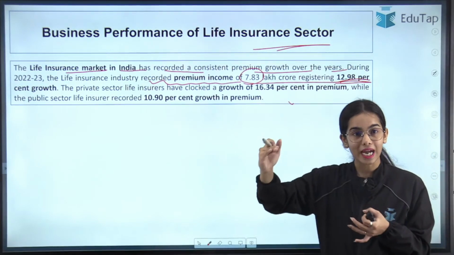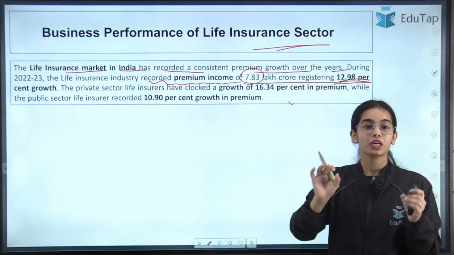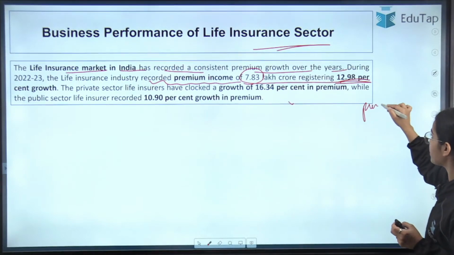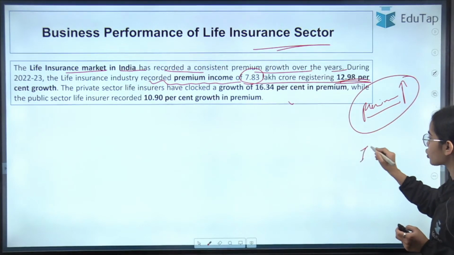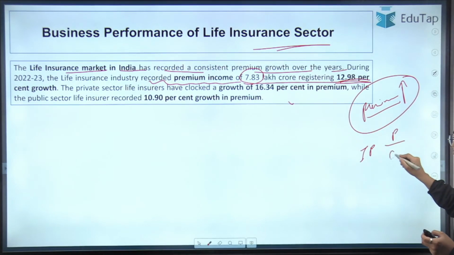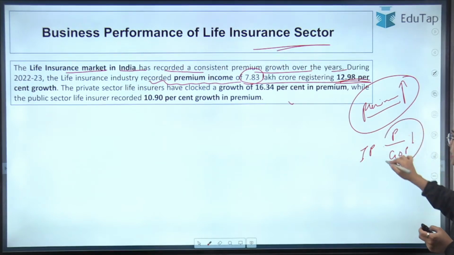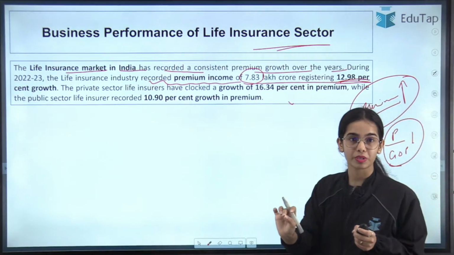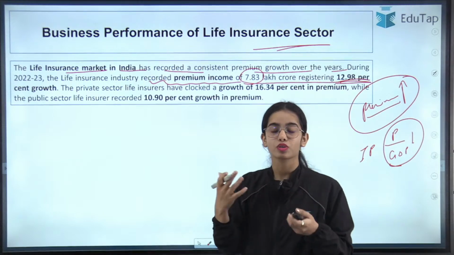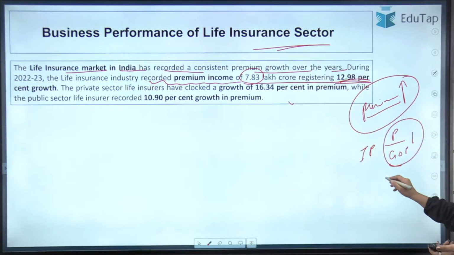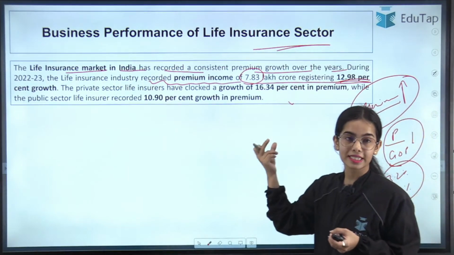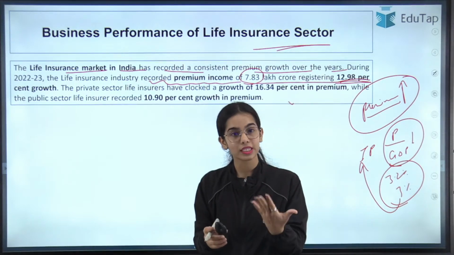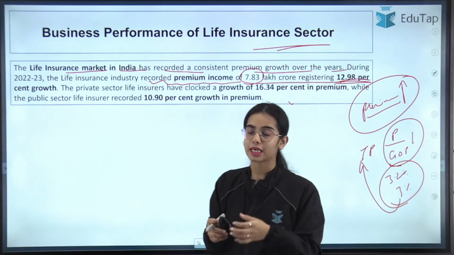So the premiums are growing, even though the insurance penetration, that is the premium divided by the GDP, has decreased slightly from 4.2% to 4%, and in the life insurance segment from 3.2% to 3%. So insurance penetration has decreased slightly in the life insurance sector, but still the premium growth is happening.